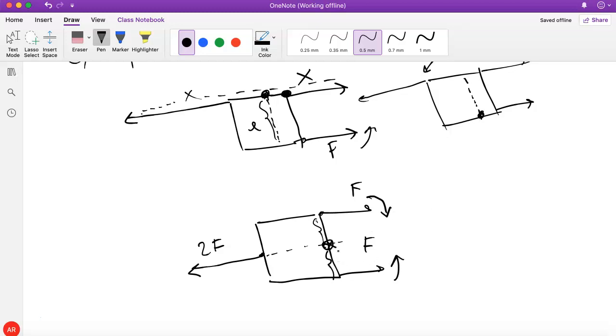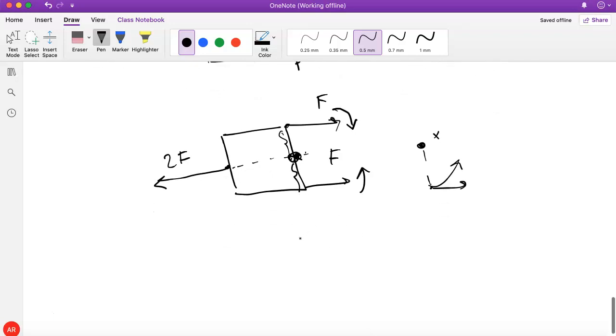The way to visualize this is to imagine there's some axis going through there, and ask what is the tendency of this force to rotate my object. Axis here, force: it wants to rotate this arm this way. So we can assign those directions, and we see they cancel out and have equal magnitude.